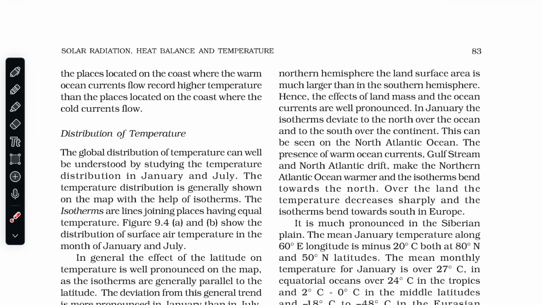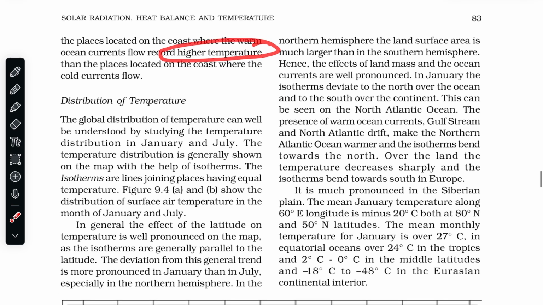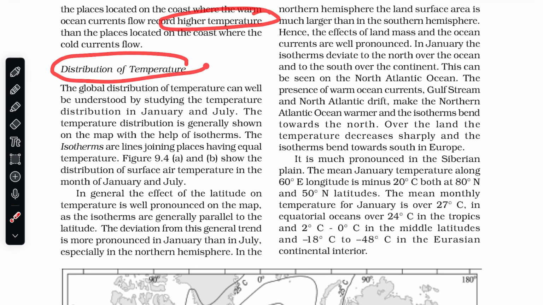The places located on the coast where the warm ocean currents flow record high temperature, whereas the places located on the coast where the cold ocean currents flow show cooler temperatures, lesser compared to the places with warm ocean currents. Then, distribution of temperature.